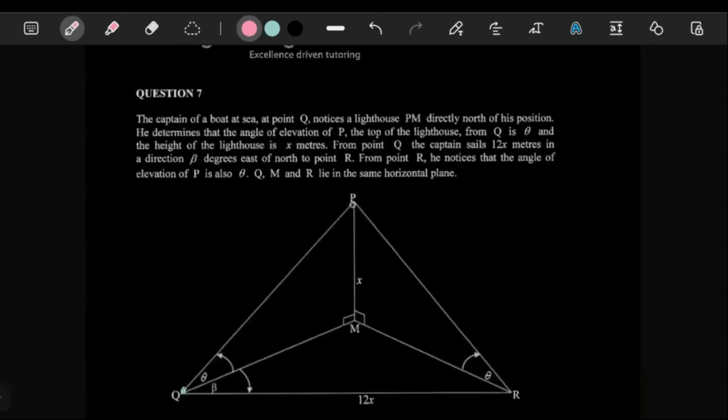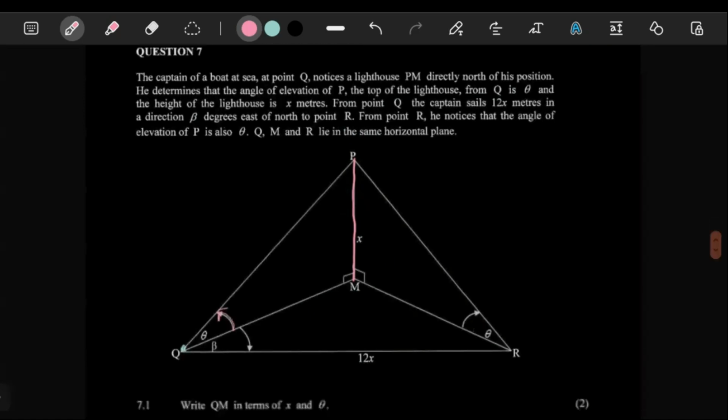It says here, notices a lighthouse PM directly north of his position. So it's straight ahead. And then he determines that the angle of elevation of P, which is the top of the lighthouse, from Q is theta. So this angle here is theta.